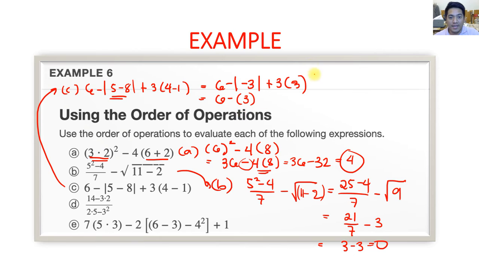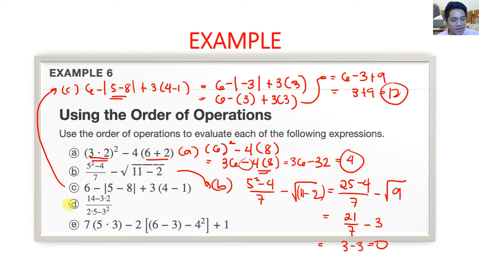That becomes 3, because anything inside the absolute value, we evaluate as positive. So you have plus 3 times 3. Very basic. So you have 6 minus 3 plus 9. 6 minus 3 would be 3, plus 9 would be 12.